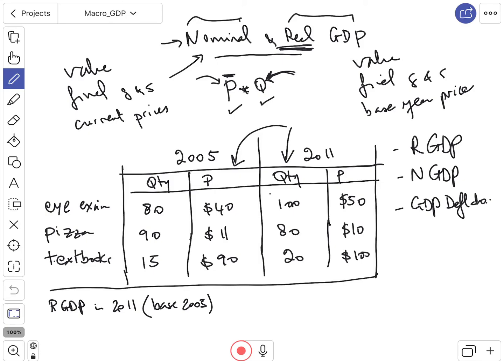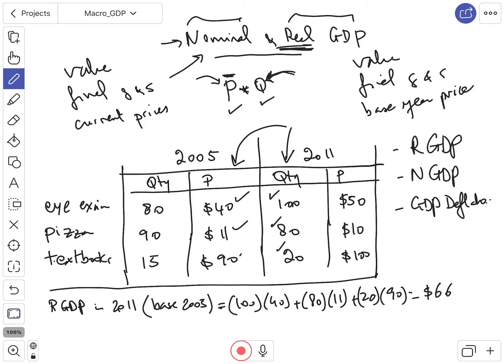So we're going to multiply these 2 columns: 100 times 40 plus 80 times 11 plus 20 times 90, and the answer is going to be 6,680.